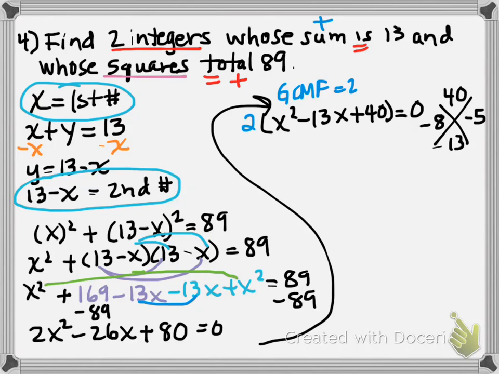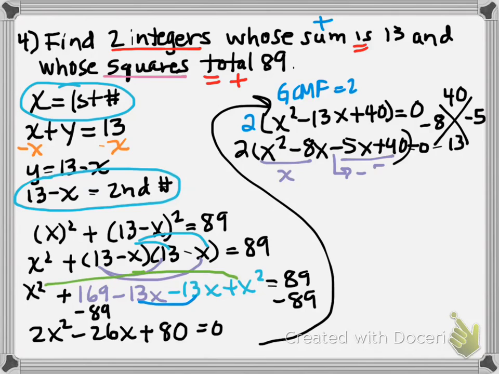So I'm going to go back and do this the old way. So we have x squared minus 8x minus 5x plus 40 equals 0. And the first two, we can pull out an x. The second two, we have to pull out a negative 5.